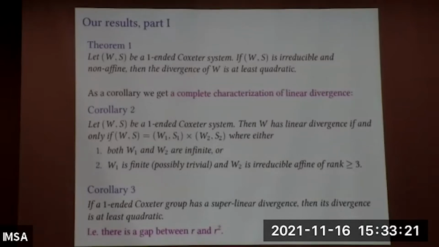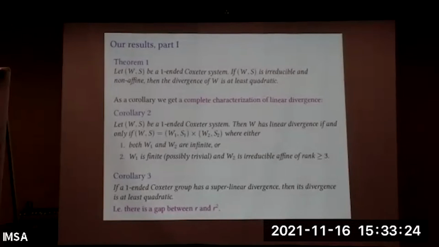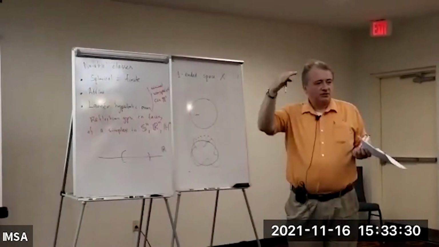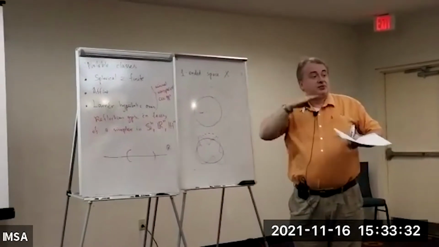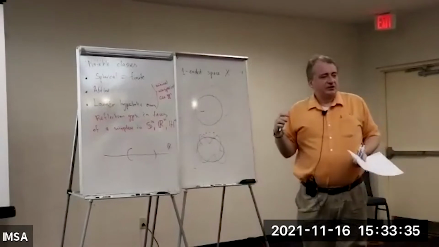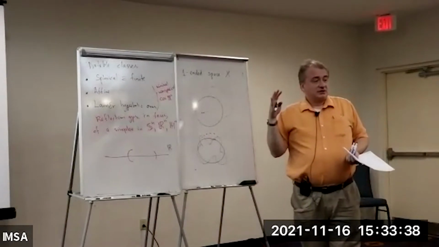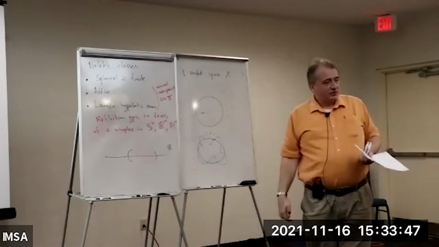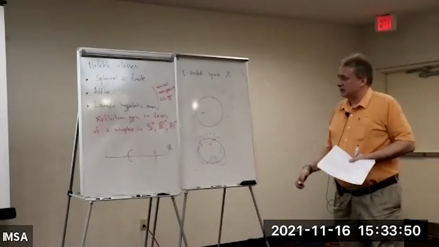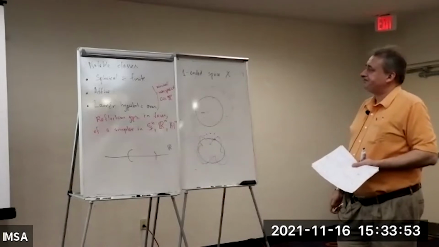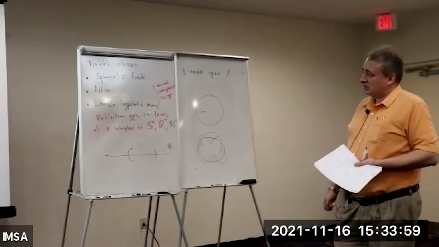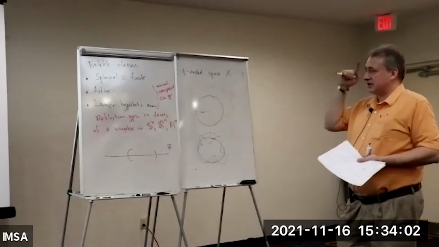Essentially, it is glued from spherical cells following the pattern of reflections. It has nice properties: it is CAT(0), and it is quasi-isometric to the Cayley graph. So one-ended in the sense of the Davis complex. I should have said that.